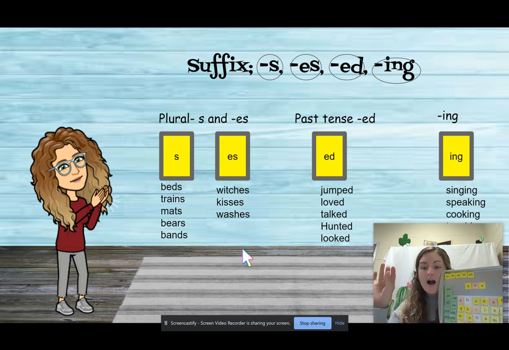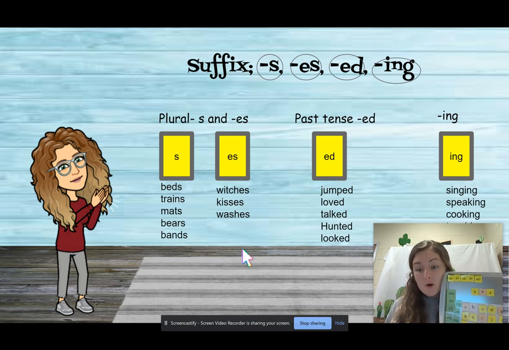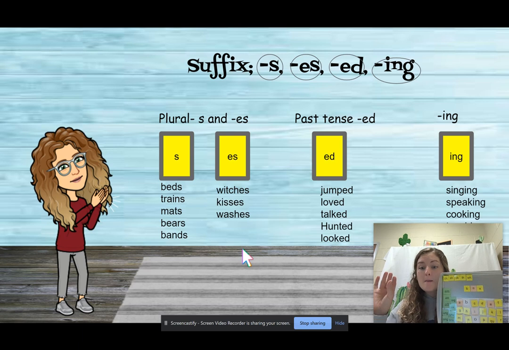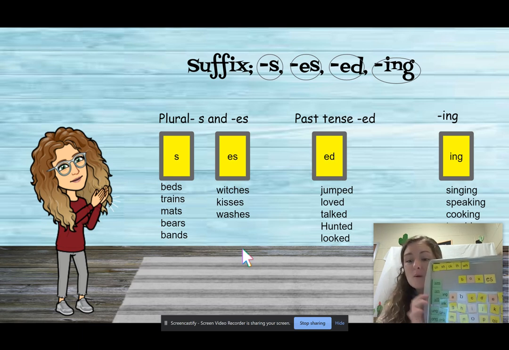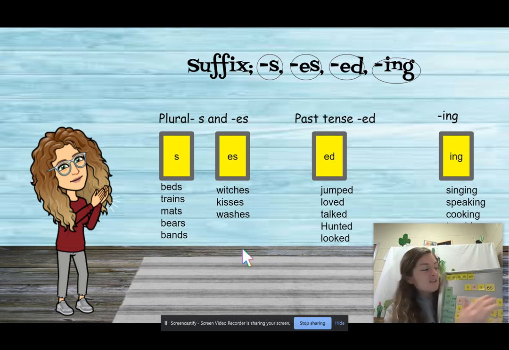So box, and let's say I have more than one box, becomes boxes. So I add that ES. And when we hear that ES at the end of the word, it sounds like is, boxes. So it doesn't say S, it says is, boxes.